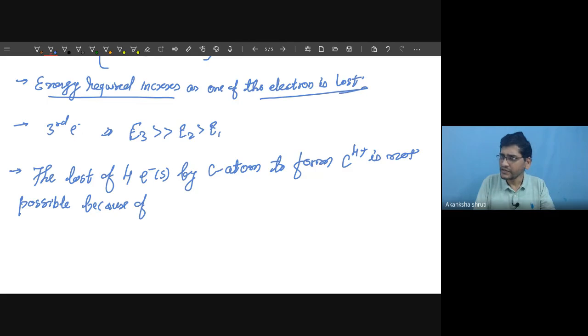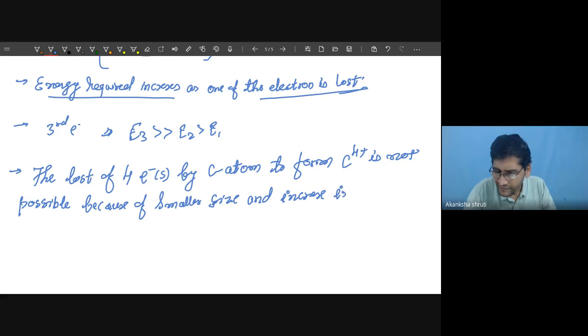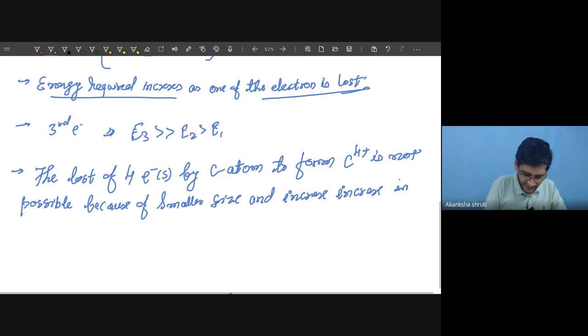Same, a smaller size and increase in force of attraction.